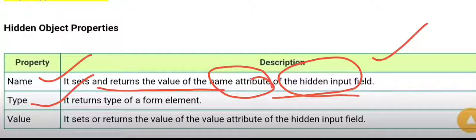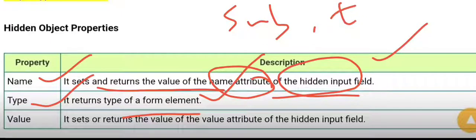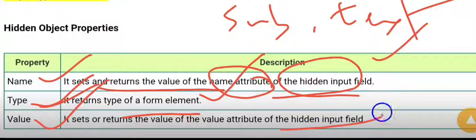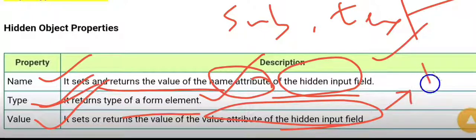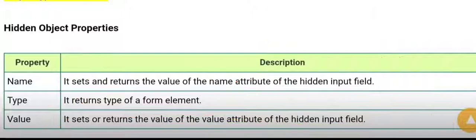Next, type, it is used to mention the type of the form, whether it is a submit button, a radio button, or a text. So in this form we can mention what kind of data it is. Next, value, that value is nothing but information. Here it is the information or data which is going to be hidden, right?